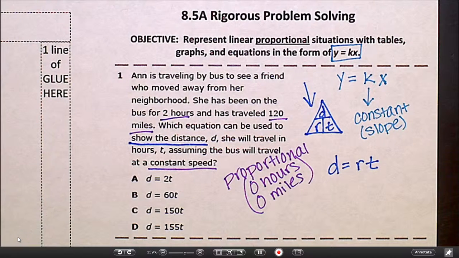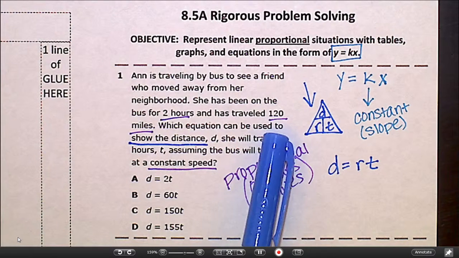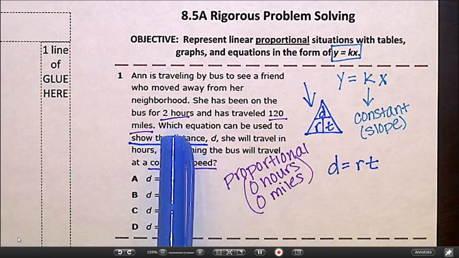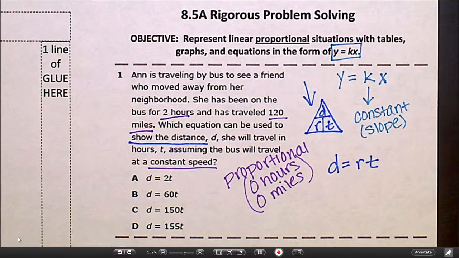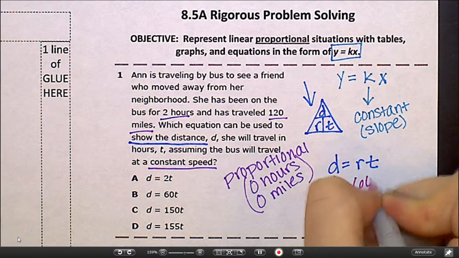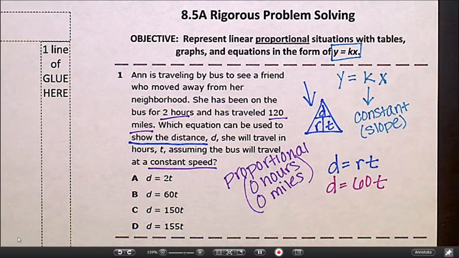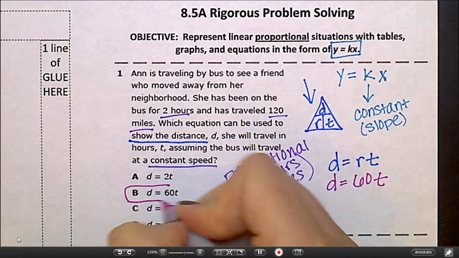So how far is she going to travel in 1 hour? Well, I know that if she's going to travel 2 hours and go 120 miles, then in 1 hour, she's going to go 60 miles. So 60 miles in 1 hour. That means I'm going to go ahead and plug in d equals 60 times the time, 60 miles times the number of hours, and that's this answer choice right over here.